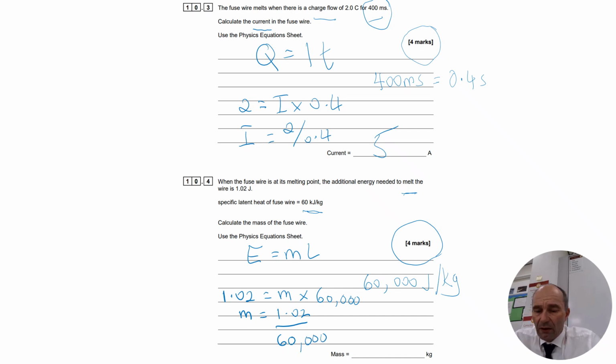Put those numbers in your calculator and you're going to get a very small number, and it's going to be in standard form. So it's 1.7 times 10 to the minus 5. Doesn't matter if you write that as a full number, because it doesn't specify whether it wants a full number or a decimal number or standard form. Whichever way it comes up in your calculator, just write that out.